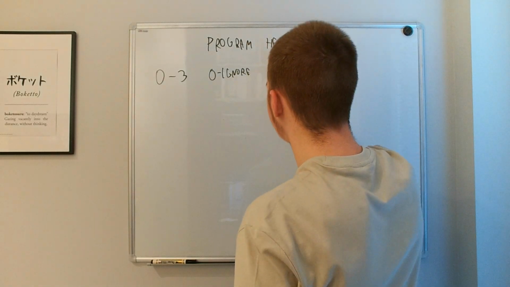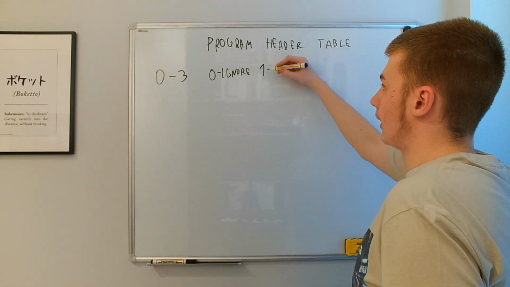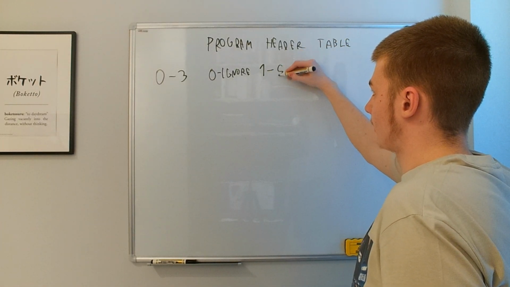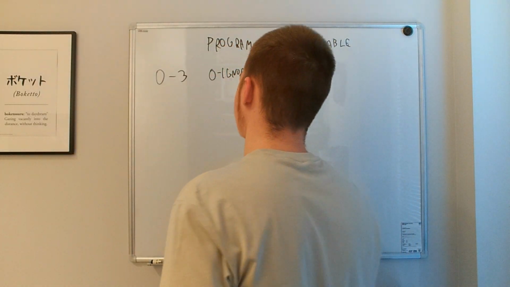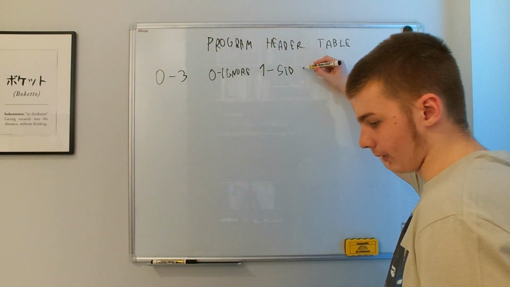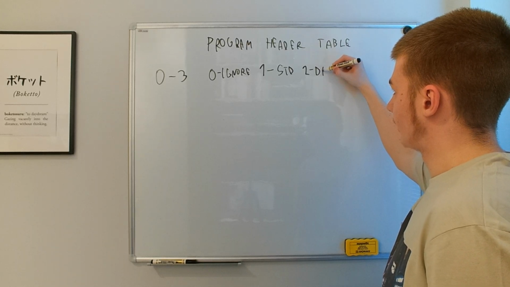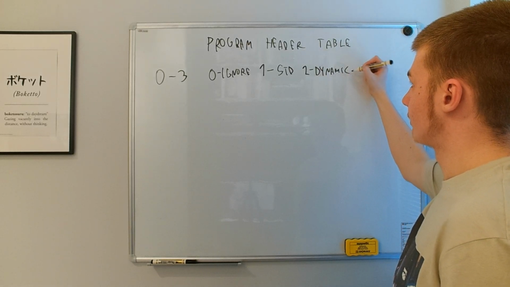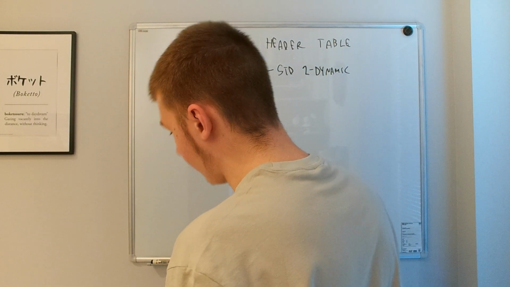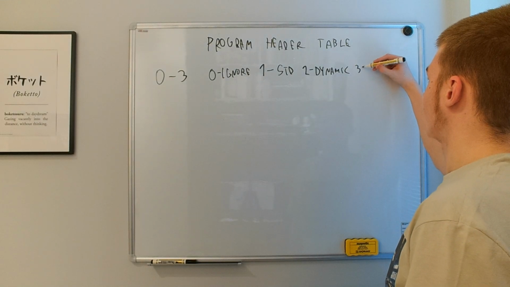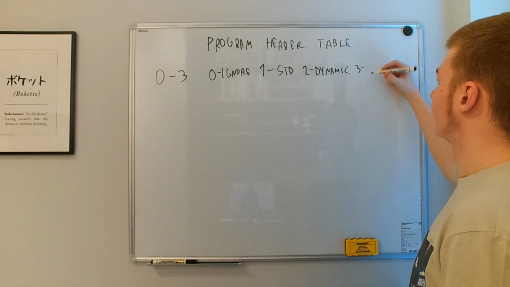Then 1 is the standard. I'm just going to call it STD for now, and I'll elaborate on what that means exactly later. 2 means that this is dynamic, in the sense that it requires dynamic linking. 3 means that it's a path to an executable for a potential interpreter and such.